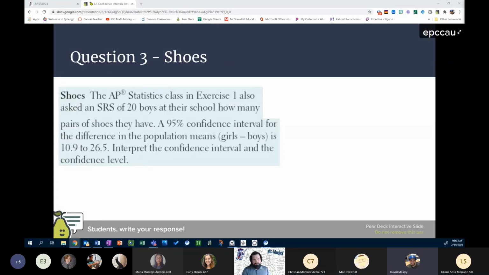And the confidence level: if we were to take many random samples of 20 boys and 20 girls and repeat this process of finding the difference of the means of those samples, about 95% of those confidence intervals of the differences of the population means would capture the actual difference in the population means. Those are the types of statements we're making. We're not performing a calculation in this example.